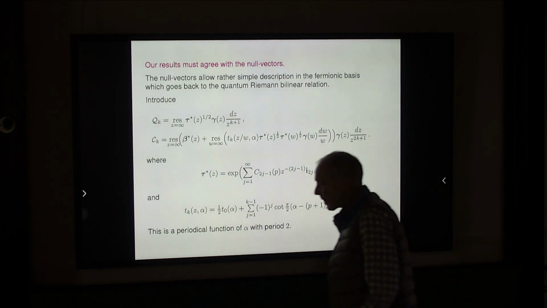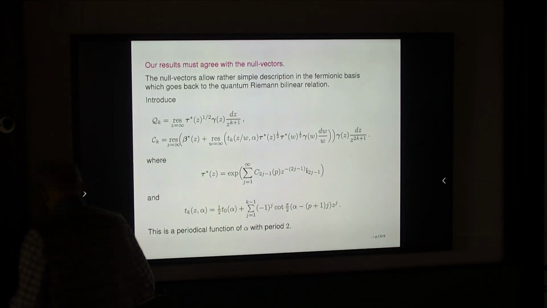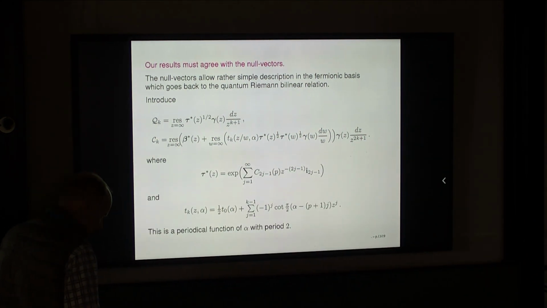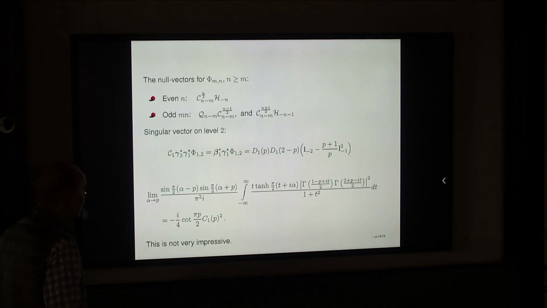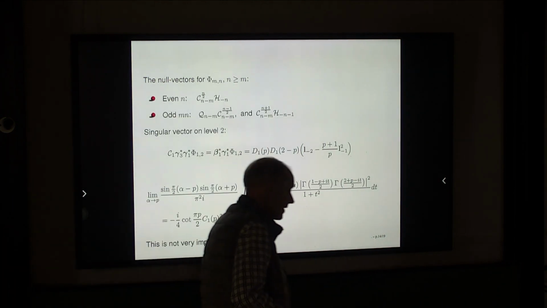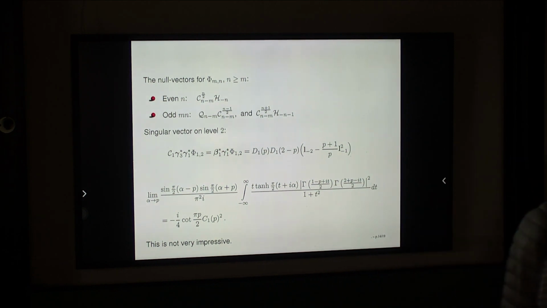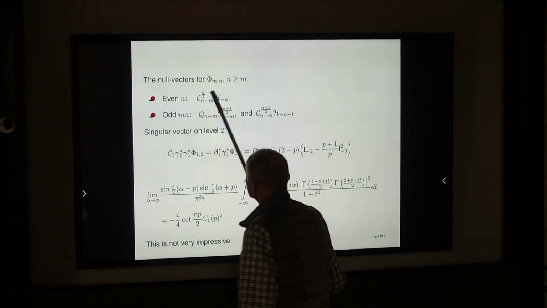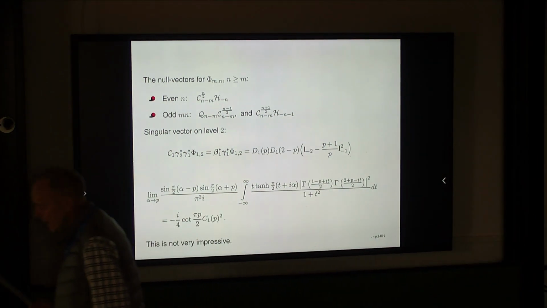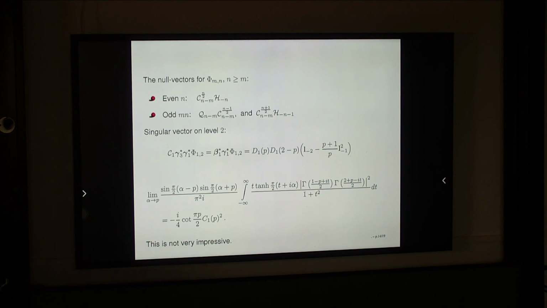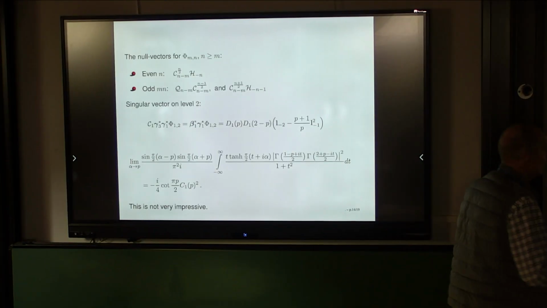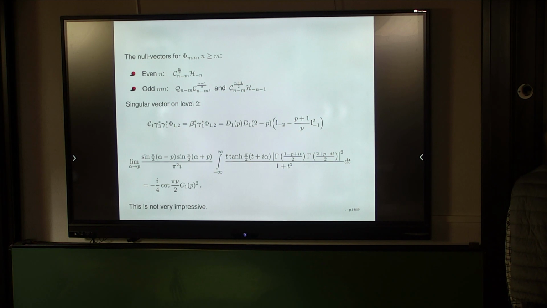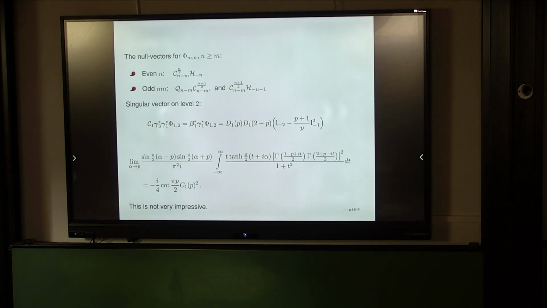So nothing complicated. The general statement is that the null vectors, for these fields phi_mn, I had alpha before, but you can easily relate alpha to mn.